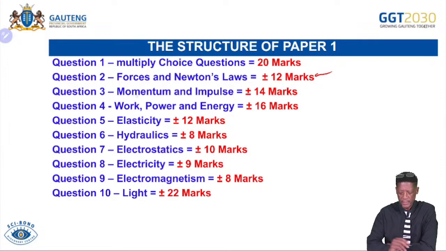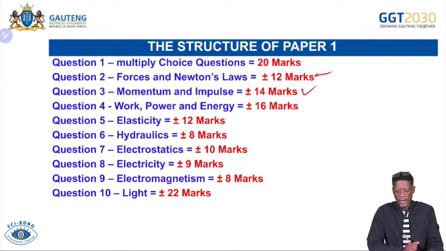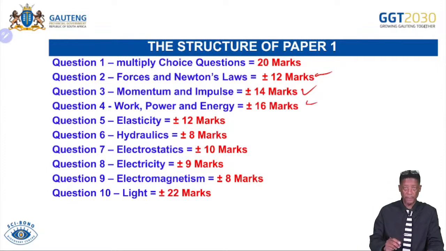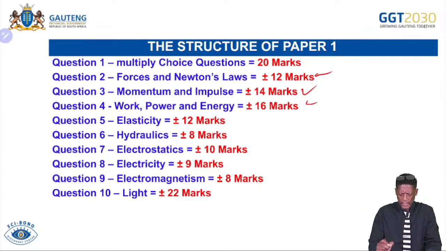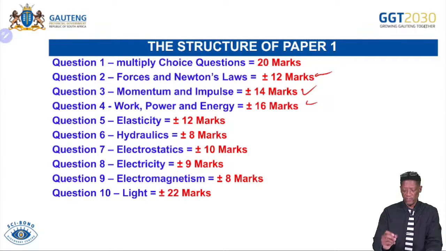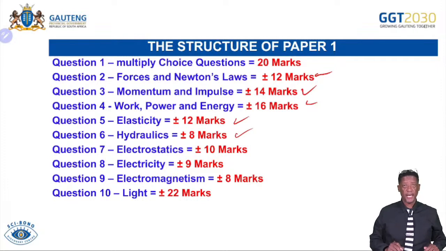Then work, power and energy is plus or minus 16 marks. It means it can be over 16 or less than 16, but on average it can be 16. Now, elasticity, 12 marks, plus or minus. Hydraulics, plus or minus 8 marks.